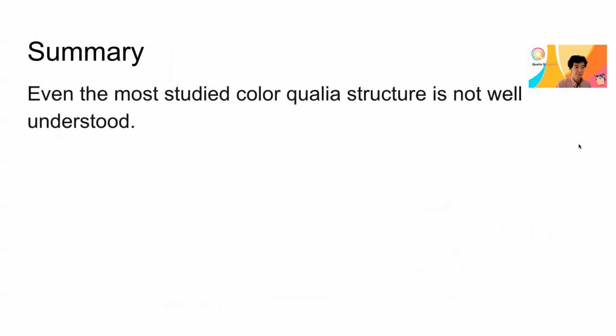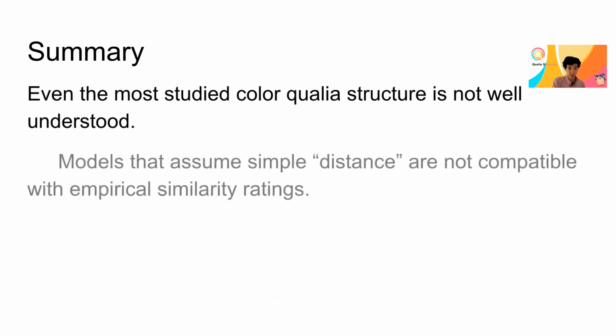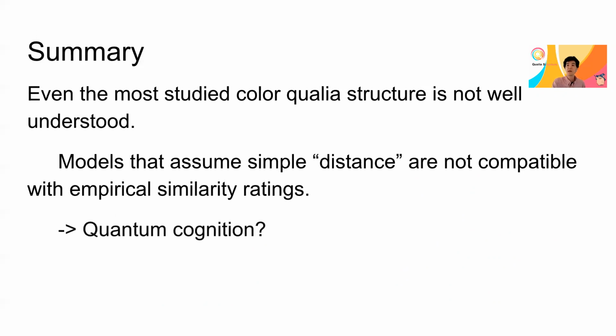But in summary, even the most studied Qualia structure is not well understood, and models that assume a simple distance are not compatible with empirical similarity ratings, at least in our hands. But there are many other examples. And quantum cognition is a very interesting framework that has started over the last decades or so.